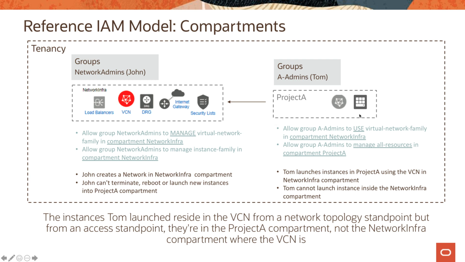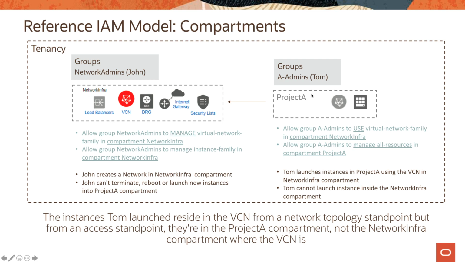in Project A compartment. Now let's see what Tom can potentially do. So Tom can launch an instance not only in the Project A compartment, but he can also use the VCN in the network infra compartment.